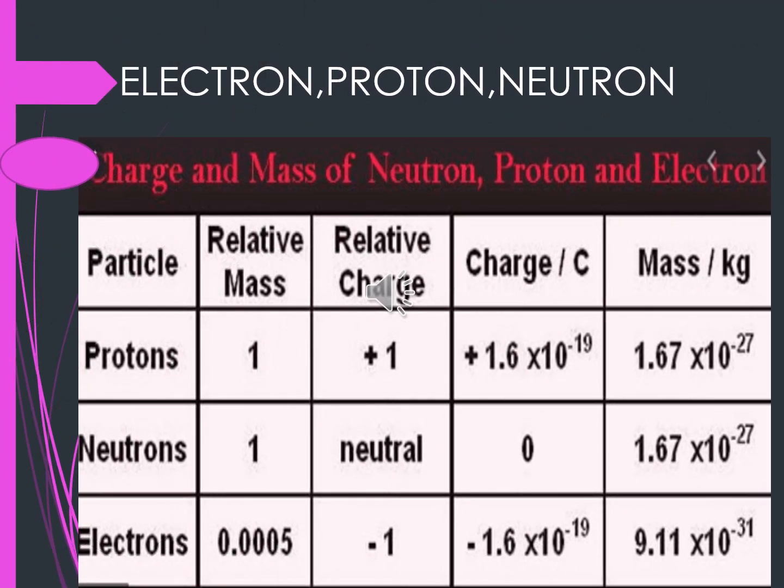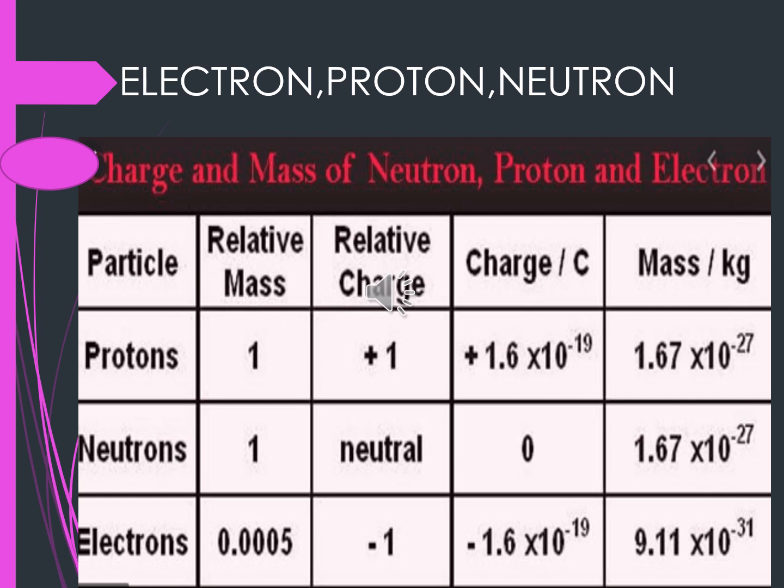Electron, proton and neutron. There are a few data which you have to remember. The charge of an electron and the charge of a proton are the same in magnitude, but proton is positive 1.6 into 10 to the power minus 19. Electron is negative, minus 1.6 into 10 to the power minus 19.